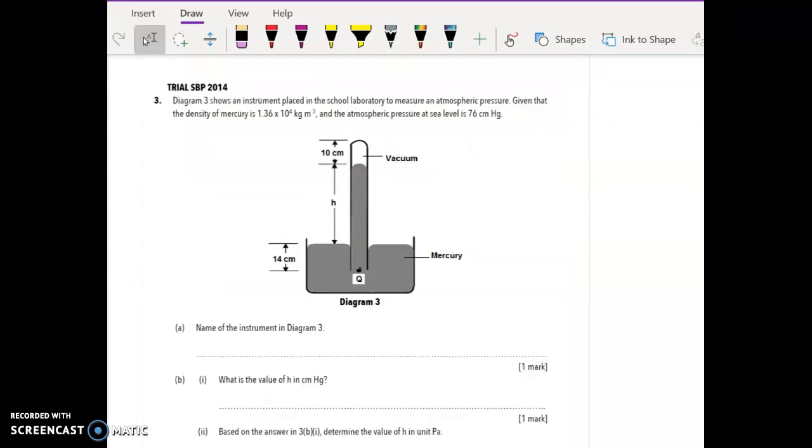Okay, so this is trial SBP 2014 question. So you are given a diagram on how to measure atmospheric pressure. So name the instrument in diagram 3. This is actually mercury barometer.